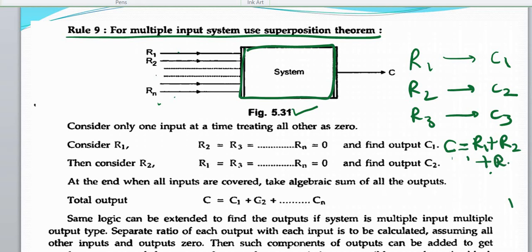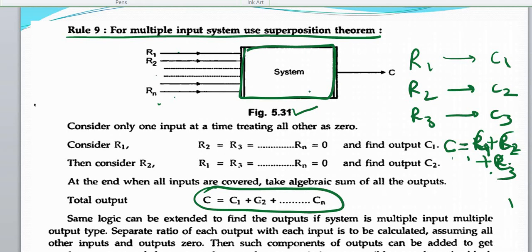the summation of all the outputs C1, C2, C3 up to Cn. So this is called the principle of superposition. So in block diagram reduction, if you get multiple inputs, then you can simplify it using this principle of superposition.